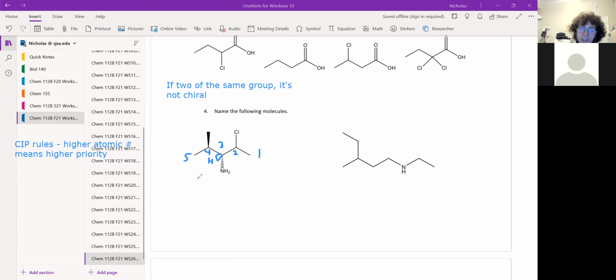I think that's usually easy to identify. The amine, yeah, because nitrogen has a higher atomic number than hydrogen or carbon, and the other things here are carbons. So this is number one. And then which one is number four? The hydrogen, yeah, because hydrogen has the lowest possible atomic number.